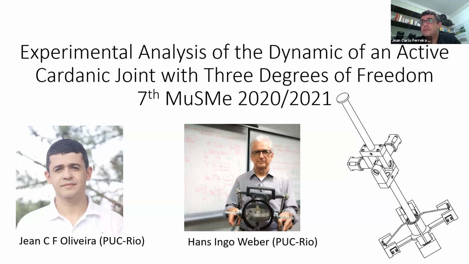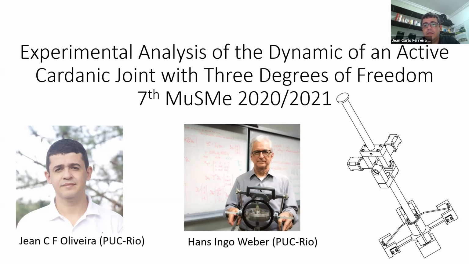Well, let's start. Hello, everyone. Good afternoon. It's nice to be here. My name is Jean Oliveira. This is my advisor, Professor Hans Weber. Today, I'd like to talk about the experimental analysis of the dynamics of an active cardanic joint with 3 degrees of freedom. Okay.